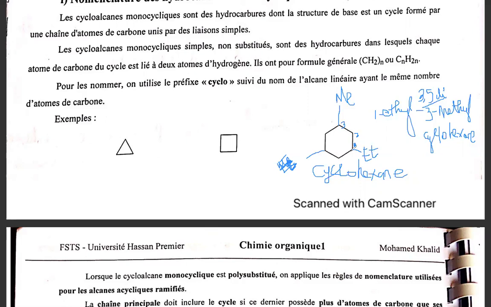So at 1 and at 3, you have 2 ethyl substituents. That's diethyl. So that's 1, 2, 3, 4, 5. Position number 5, methyl.